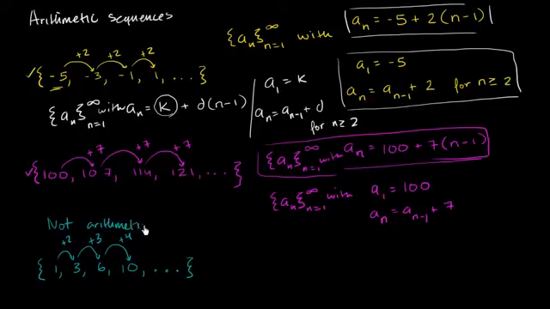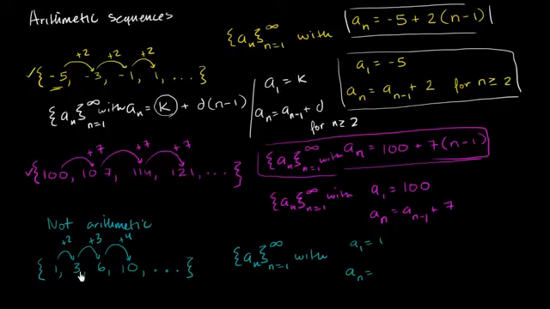But how could we define this, since we're trying to define our sequences? Let's say we wanted to define it recursively. So we could say this is equal to a sub n, where n is starting at 1 and going to infinity, we'll say our base case, a sub 1 is equal to 1, and then for n is 2 or greater, a sub n is going to be equal to what?